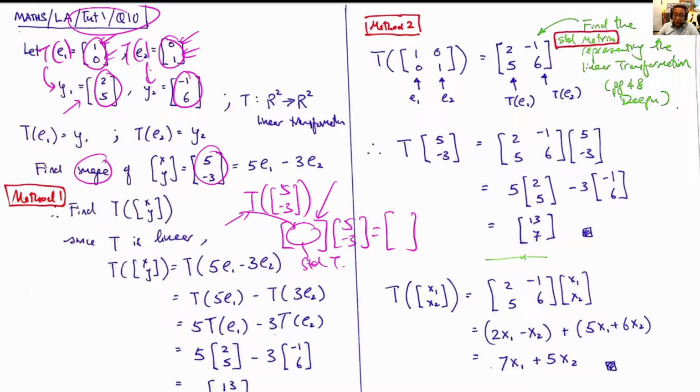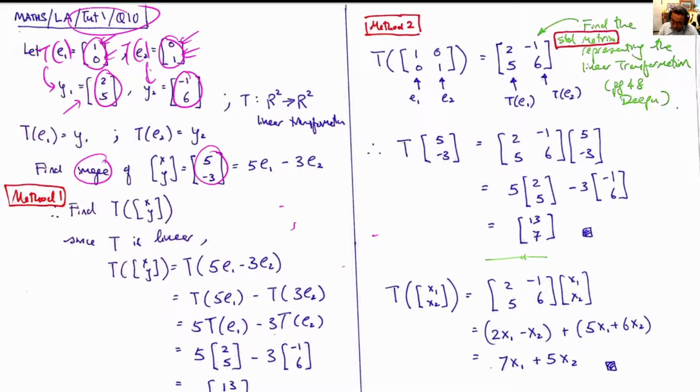There are two ways to go about it. Let's do the simplest way first. The transformation given as a matrix is this, (2, 5), which is the image of E1, and (minus 1, 6), the image of E2.